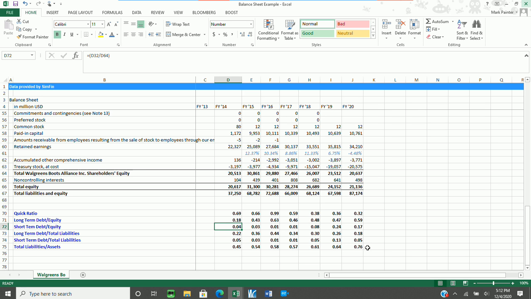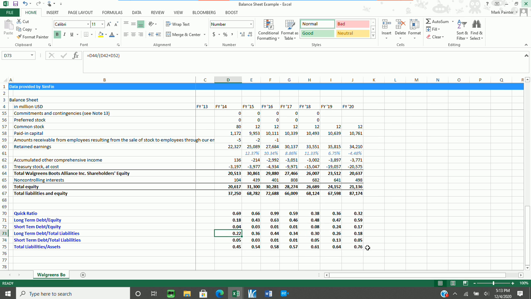Then short-term debt, what's interesting here is, whether it's long-term or short-term, you can see they didn't use much of it. And then in 2019 and 2020, they used a lot more short-term debt as opposed to long-term debt. Again, why is that? Something you would have to go and look at the management discussion or conference calls. There's probably a reason why they started using more short-term debt than long-term debt.